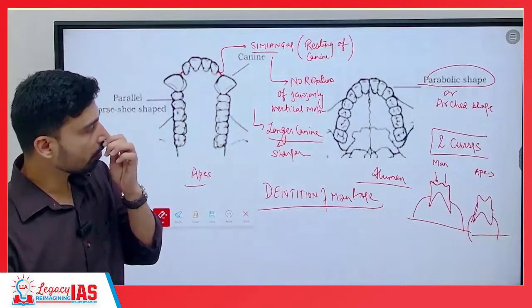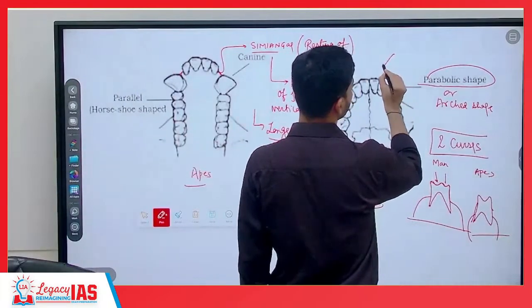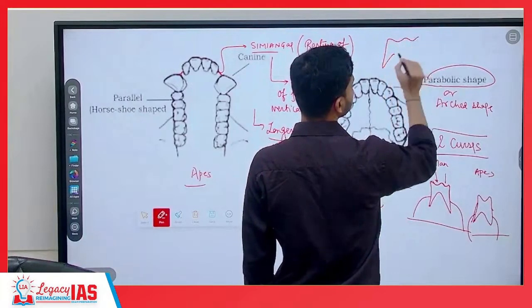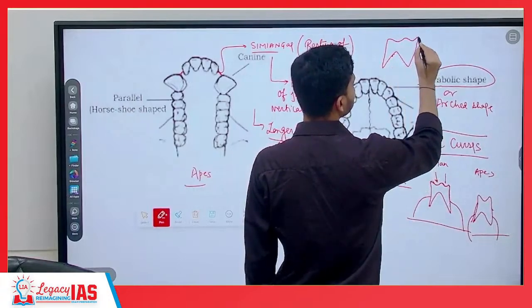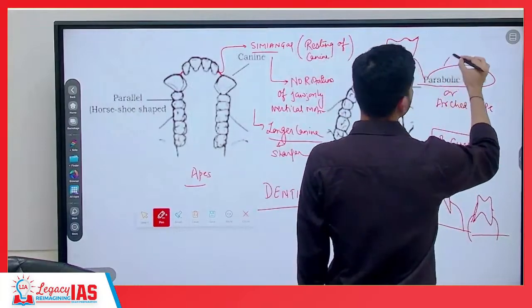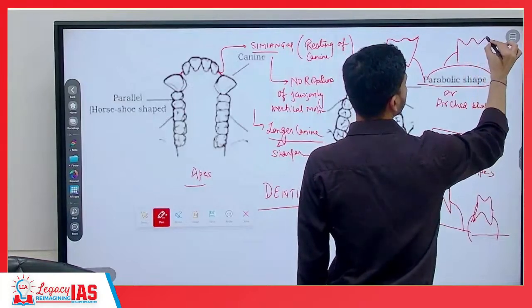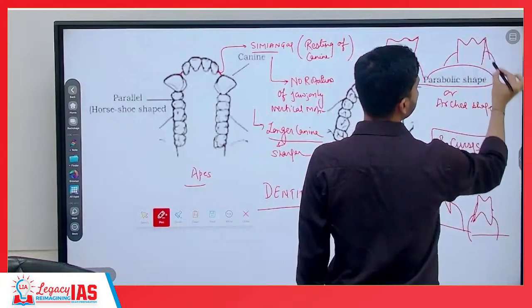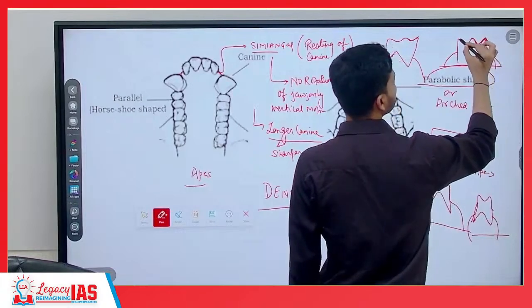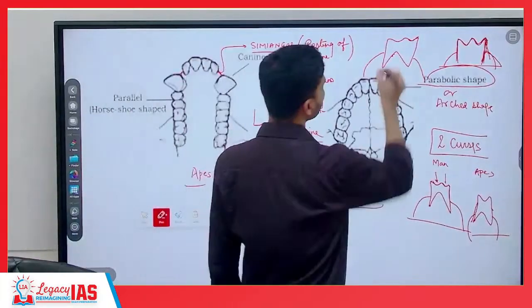But the cusp of man is low and blunt, while in apes, it is more conical and deep.